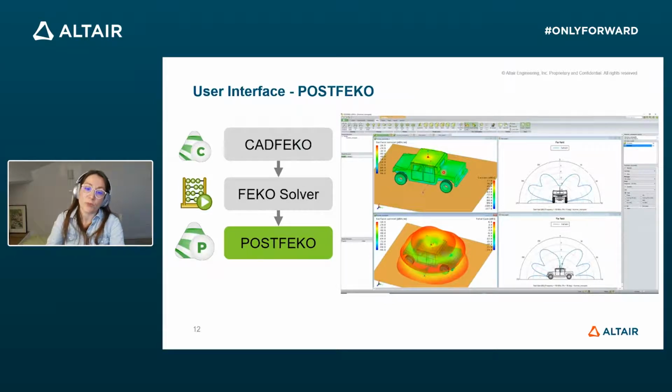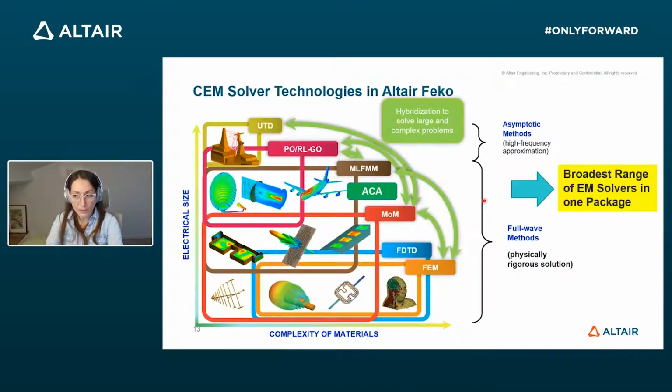So in this case, we are viewing a far field of an antenna which was placed on a car, and we can perform different types of plots, 3D plots, 2D plots, and as I mentioned, some different types of post-processing also is available.